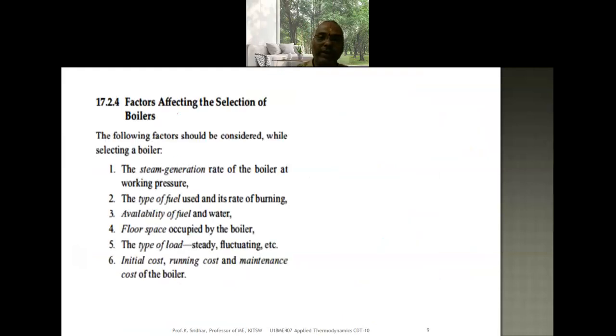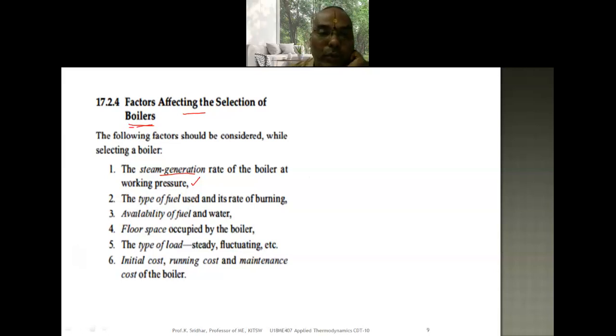And what are the various factors which affect the selection of a boiler for a given application? Always ensure what the steam generation rate of the boiler is at a given working pressure. So far we have classified boilers into low pressure, medium pressure as well as high pressure boilers. For a given application, you should know how much steam we are able to generate from the boiler at a given working pressure.